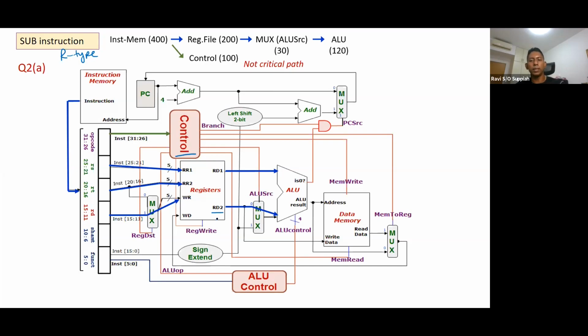After the ALU completes, I pass through another multiplexer to channel the data back to my register file. For this R type sub instruction, there is no data memory access, so you don't need to worry about any access times for the data memory. The main blocks are the instruction memory, the register file, the multiplexer, the ALU, then another multiplexer, and then one more right back to the register file.